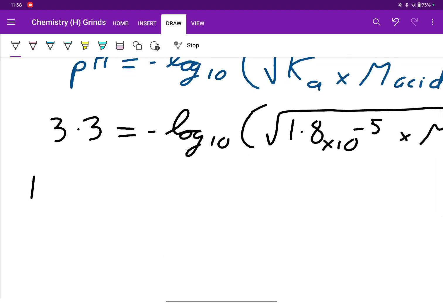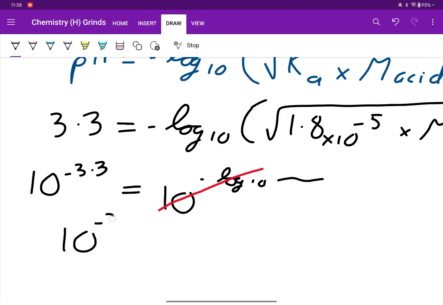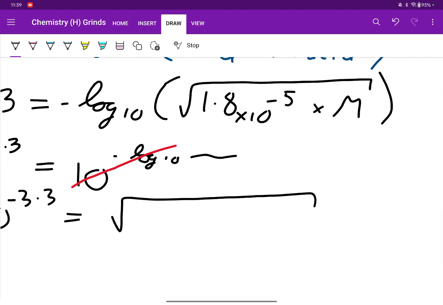So that'll be 10 to the power of minus 3.3, and then 10 to the power of minus log to the base 10 of all this, and these would basically cancel out. So we're left with 10 to the power of minus 3.3 is equal to the square root of 1.8 by 10 to the minus 5 times m.